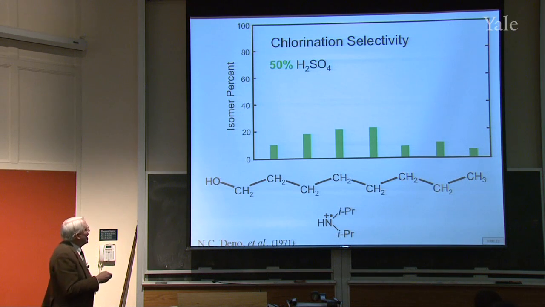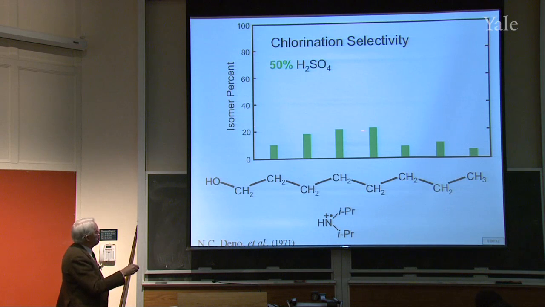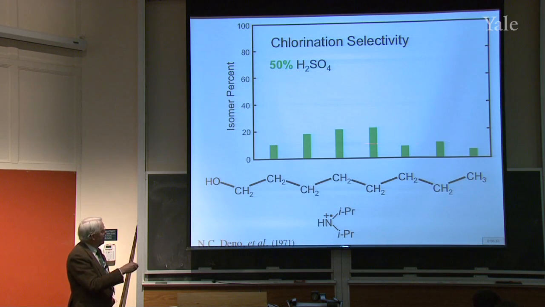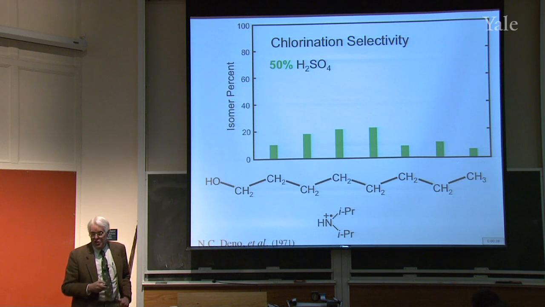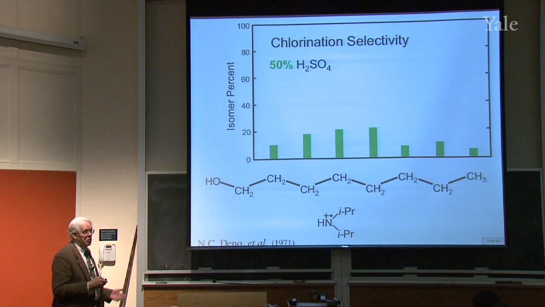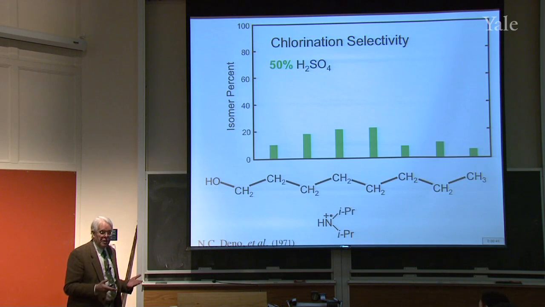Okay? And you can see that you don't get more than 20% of any of them, and you get a real dog's breakfast mixture here of isomers. This is useless, right? You get a very low yield of whatever it was you wanted, and you have to do a lot of work to purify it.